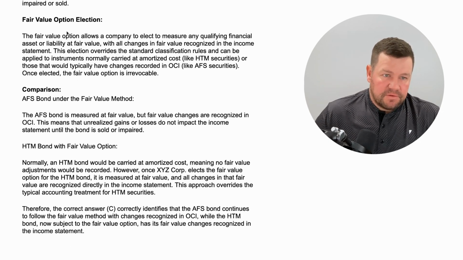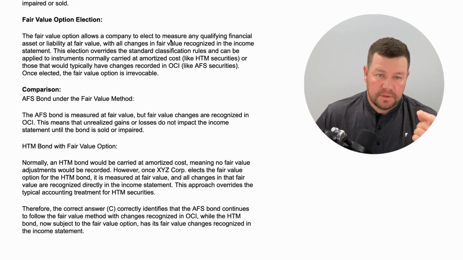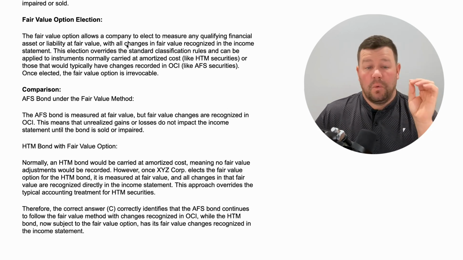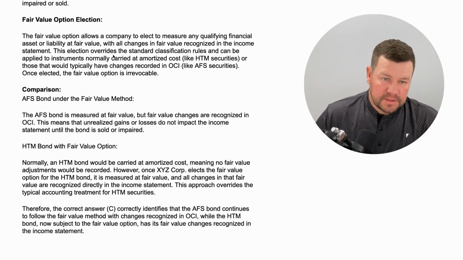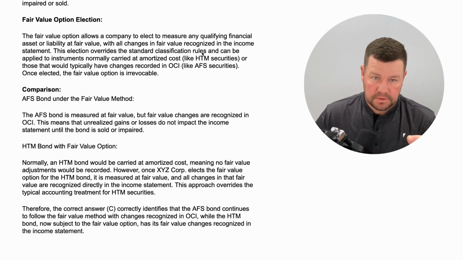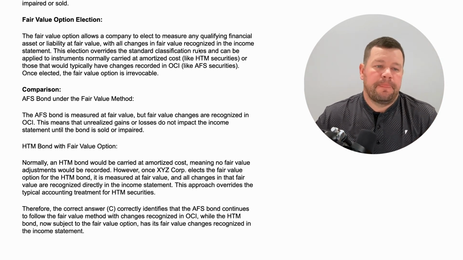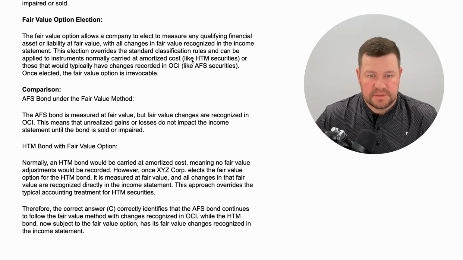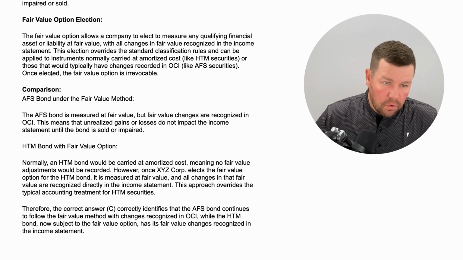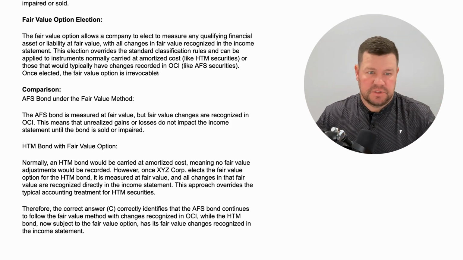But going on to the fair value option election, the fair value option allows a company to elect to measure any qualifying financial asset or liability at fair value with all changes in fair value recognized in the income statement. This election overrides the standard classification rules, basically what we just talked about, the fair value method, and can be applied to instruments that are normally carried at amortized cost, such as HTM securities, or those that would typically have changes reported in OCI, such as AFS securities.